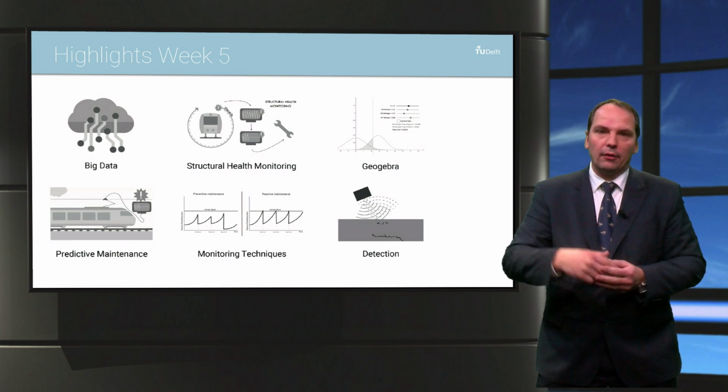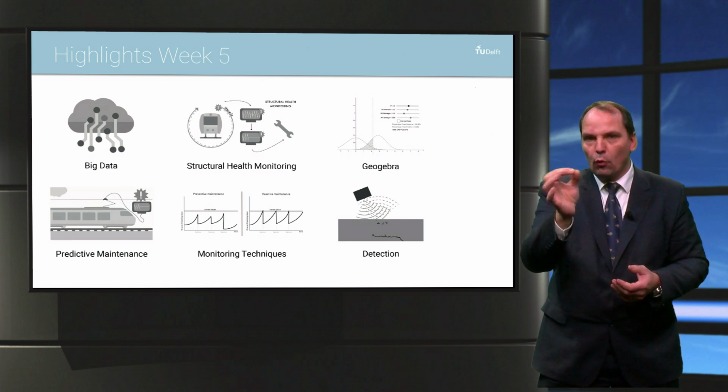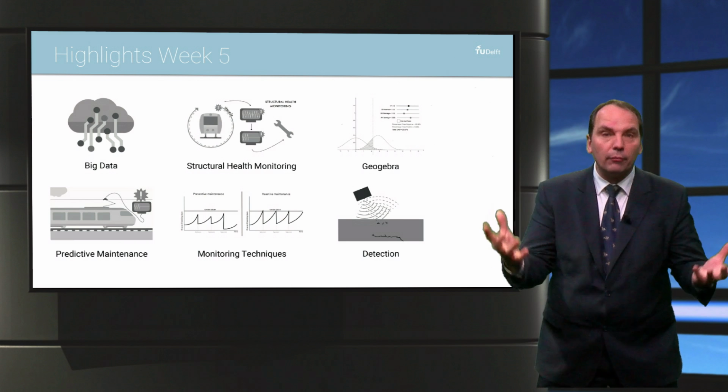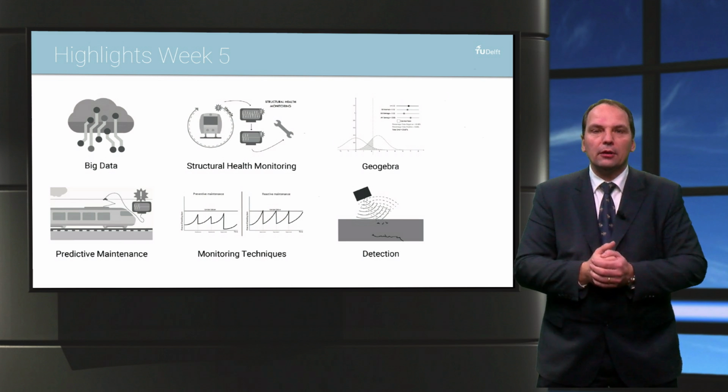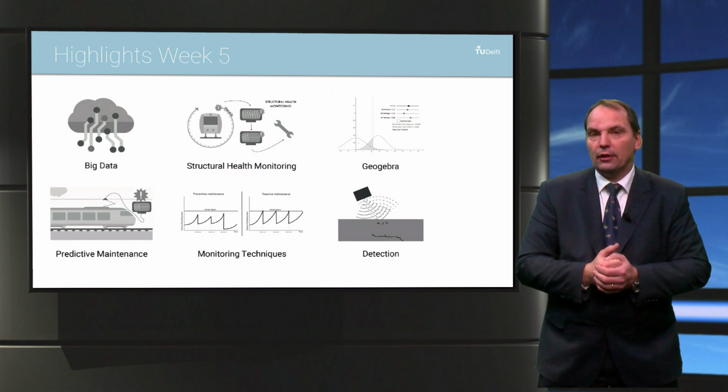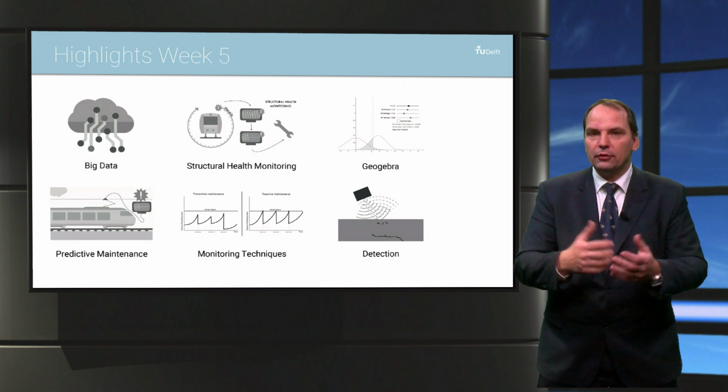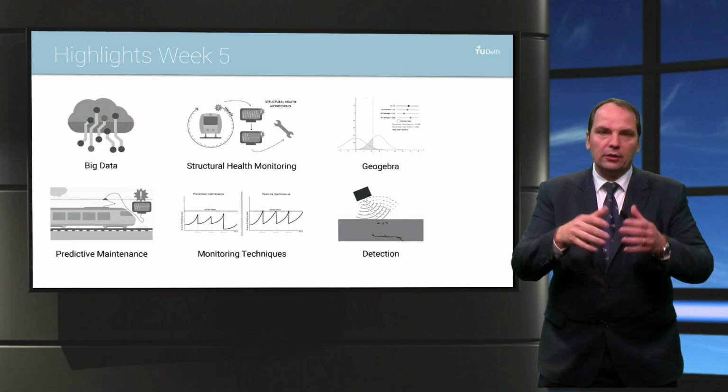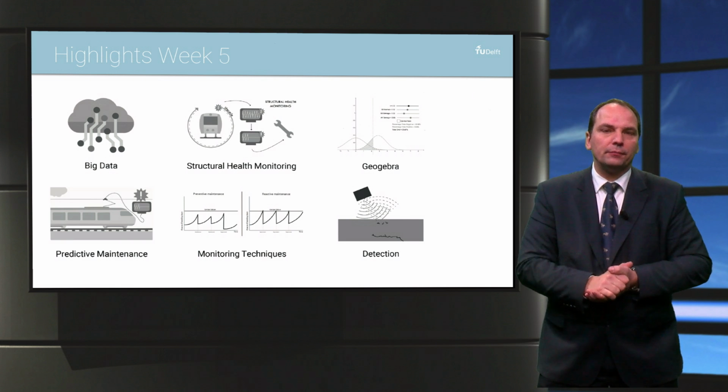When you don't do this, and you just miss a small crack, for example, it will break, and then you get a tremendous disruption in the infrastructure, maybe also a safety issue. So when you want to prevent this, you have to zoom in on this kind of sensors.